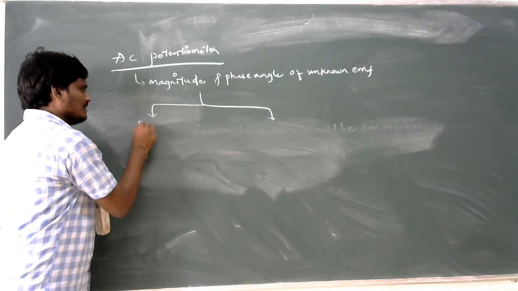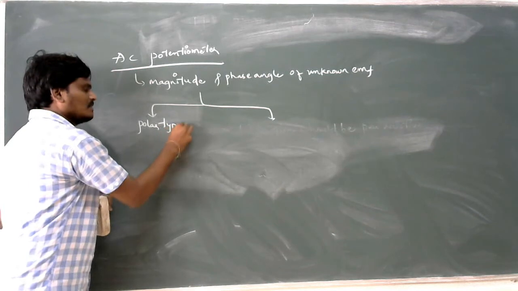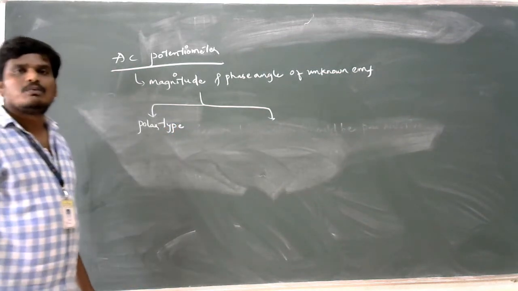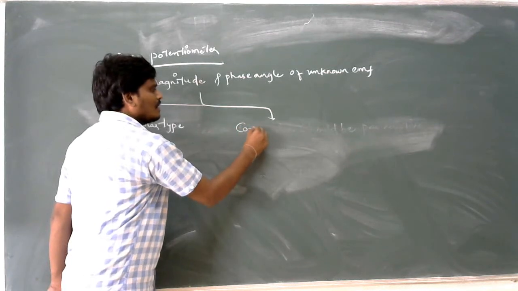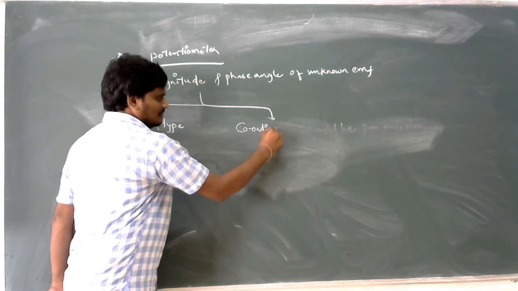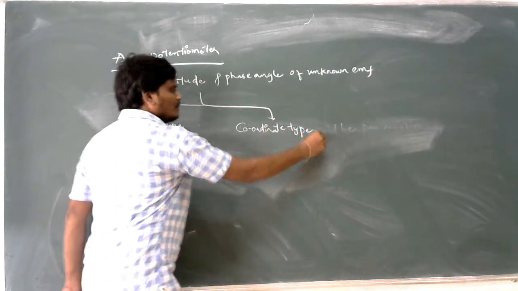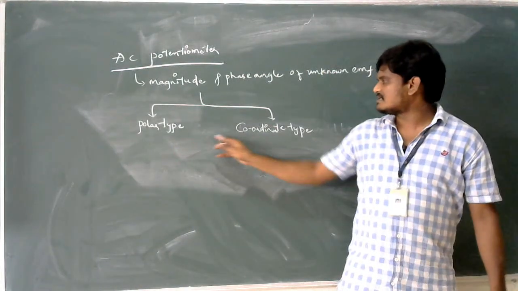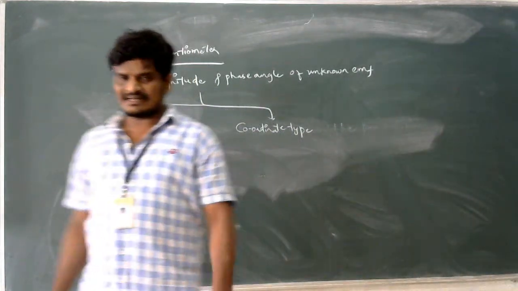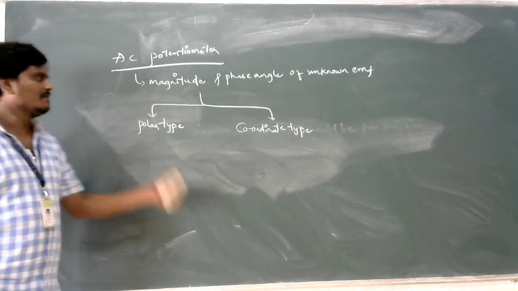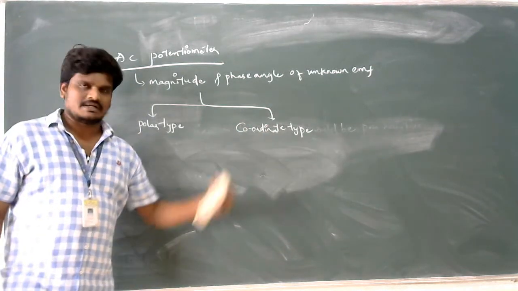The first one is the polar type potentiometer and the second one is the coordinate type potentiometer. Now we will discuss in brief the polar type potentiometer and the coordinate type potentiometer.